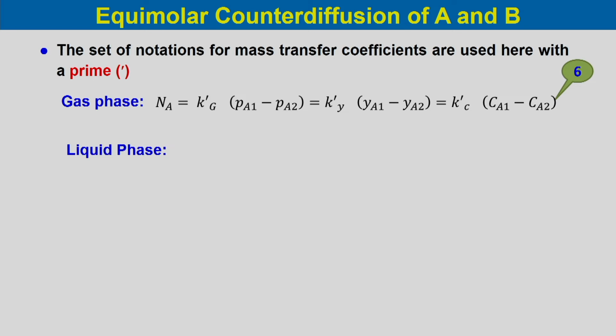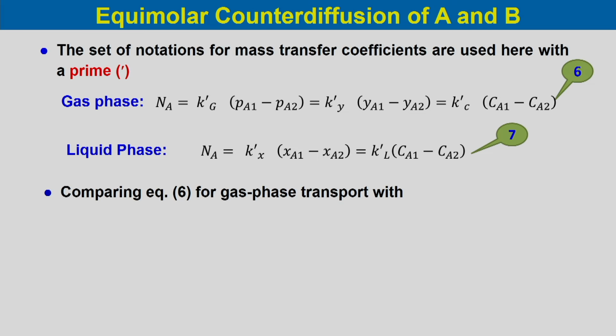This is equation 6. In case of liquid phase, similarly we can write NA would be equal to Kx dash xA1 minus xA2, which is equal to KL dash CA1 minus CA2.